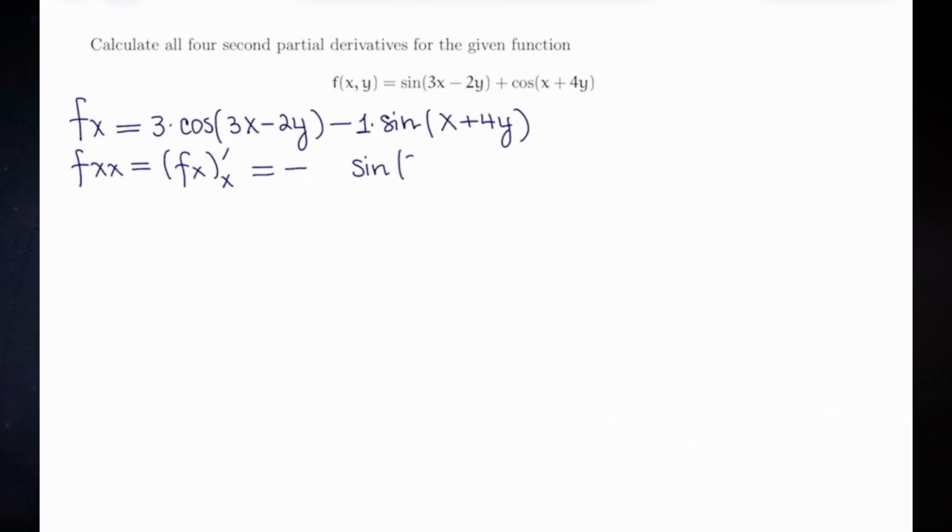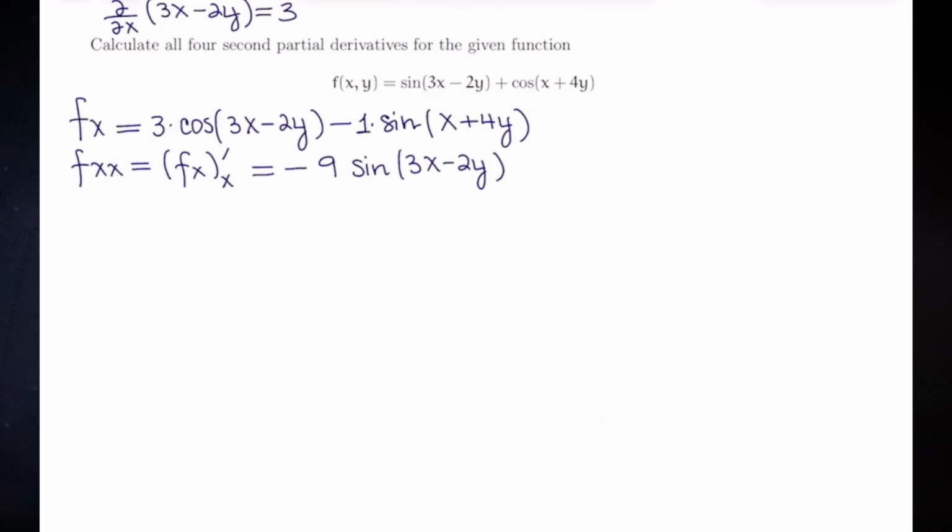Negative sine, the argument is the same. The 3 is still there, I'm just going to remember it, but now times the derivative of the inside with respect to x. So we remember 3x minus 2y, d/dx of this is 3. So 3 times 3 gives us 9. So that's the first part.